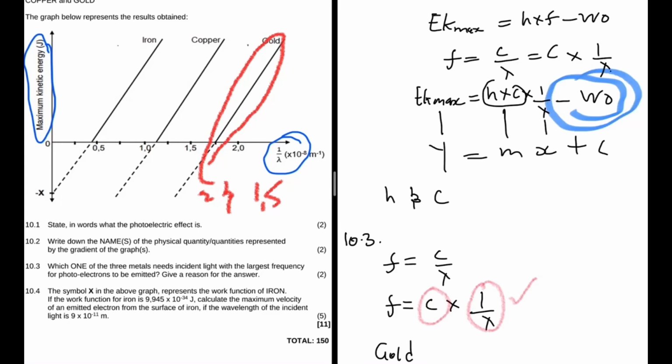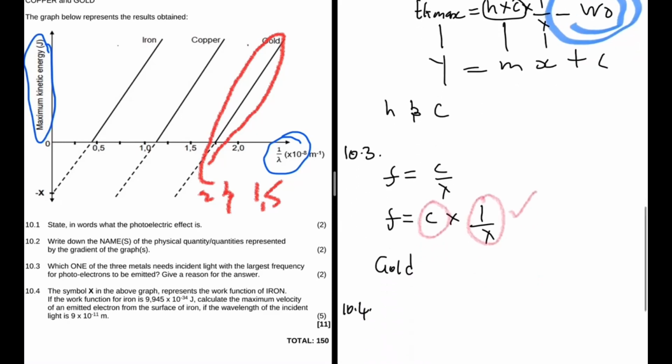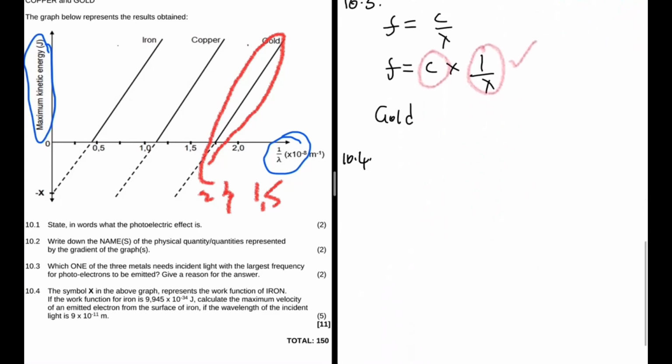And then it goes on to say that if the work function for iron is 9.945 times 10 to the minus 34 joules, calculate the maximum velocity of an emitted electron from the surface of iron if the wavelength of the incident light is 9 times 10 to the minus 11 meters.